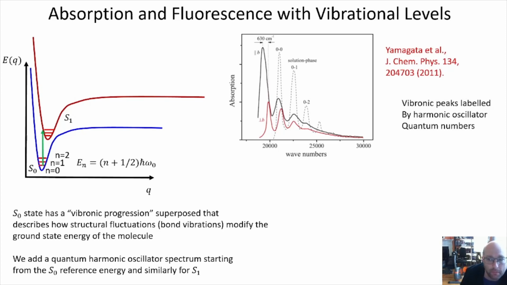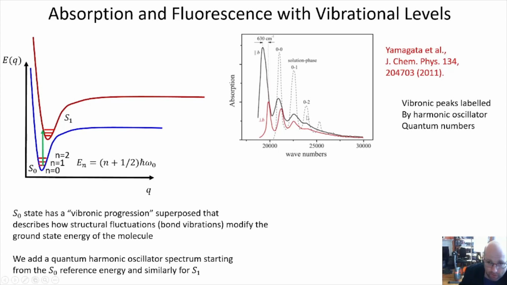So we've got our vibronic peaks labeled by their oscillator quantum numbers. And one of the ways that you know that these are vibronic levels, and this can be difficult to figure out depending on the specific data that you have available to you, but in this case it's fairly obvious. The relative intensities are important, but that's a complex topic.